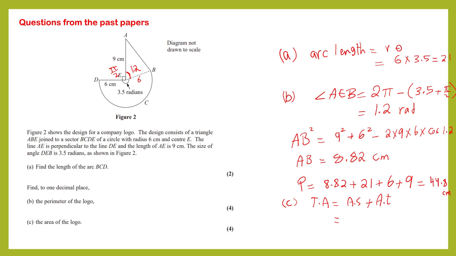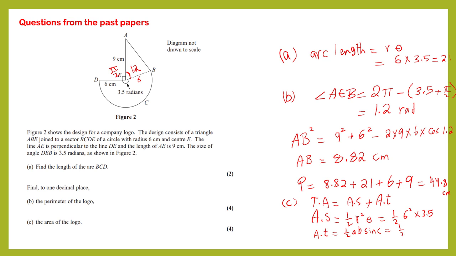So it will be area of the sector first equals half r squared theta, as you know, in radians. It will be half multiplied by 6 squared multiplied by theta, which is 3.5. Okay, and the area of the triangle will be half ab sine C, which means we're going to multiply half by the length of any two sides multiplied by sine the included angle.